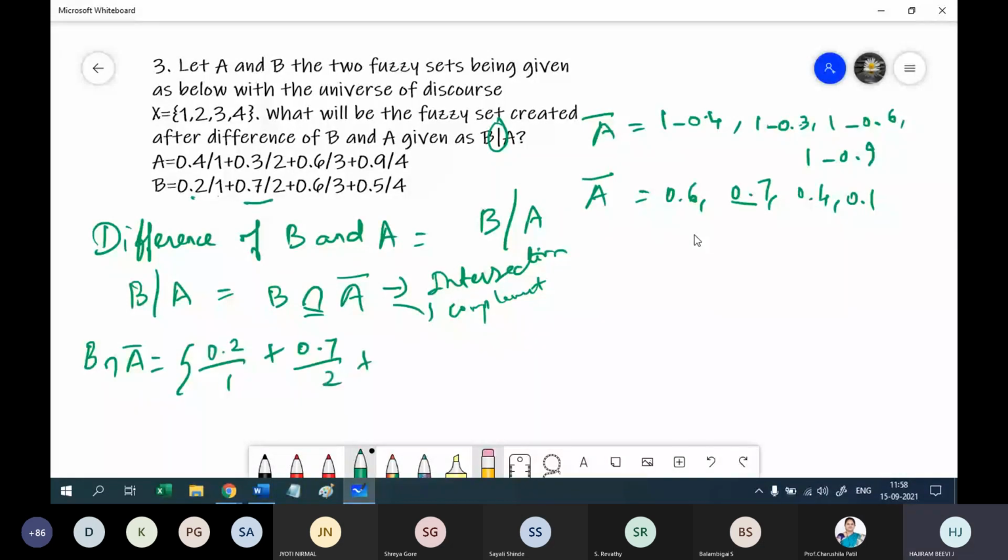Then 0.6 and 0.4, which one is minimum? 0.4. 0.5 and 0.1, which one is minimum? 0.1. So the difference of B and A is 0.2 by 1, 0.7 by 2, 0.4 by 3, then 0.1 by 4. Okay. So this is the way to find the difference of two elements in the fuzzy set.